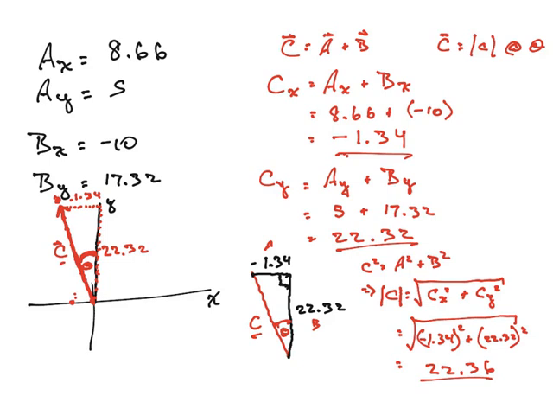Well, what do we know? We know this side, the x component, and we know this side, the y component. That means if I'm looking for theta, I know the opposite side, and I know the adjacent side. And I know from SOHCAHTOA, tangent of theta is opposite over adjacent.